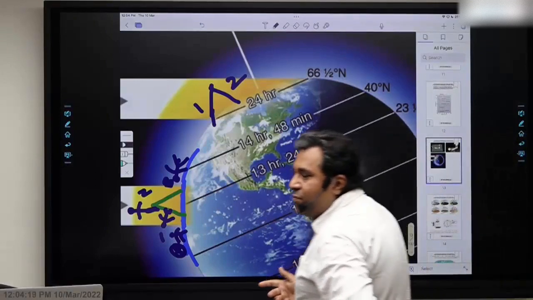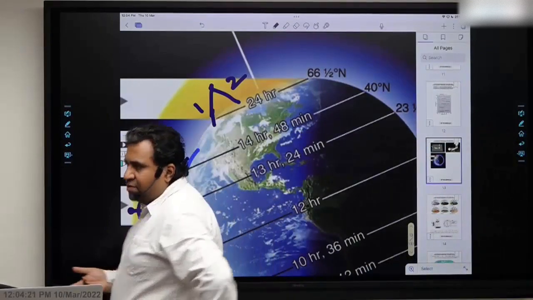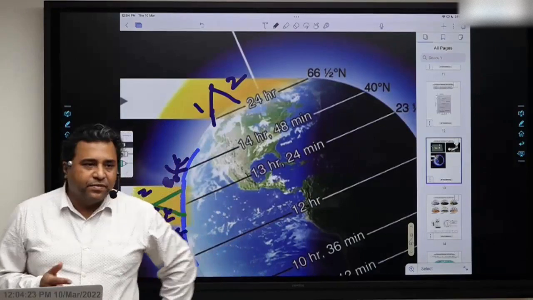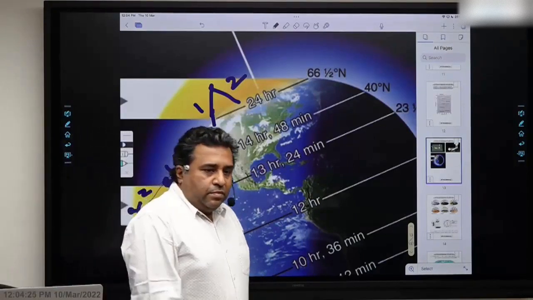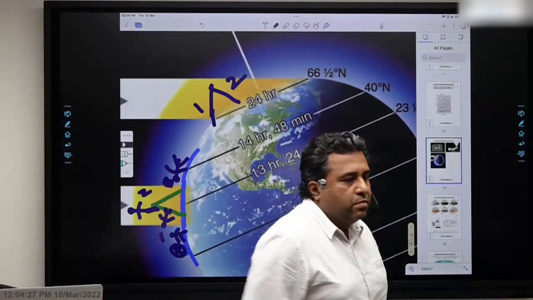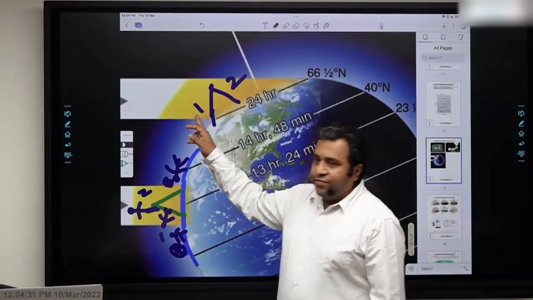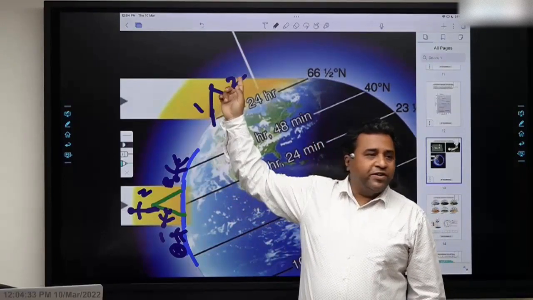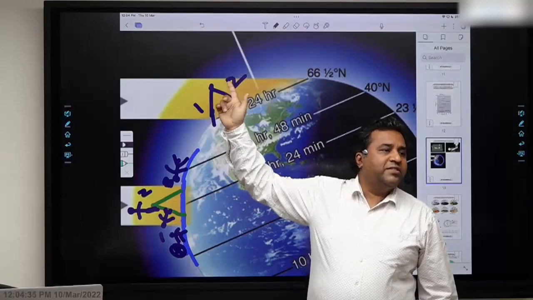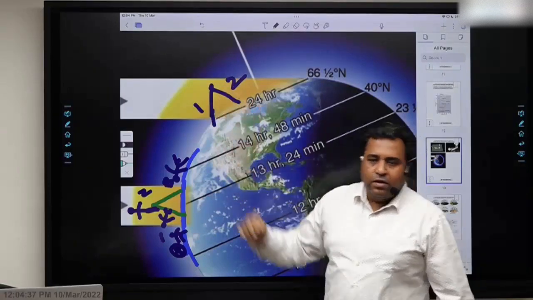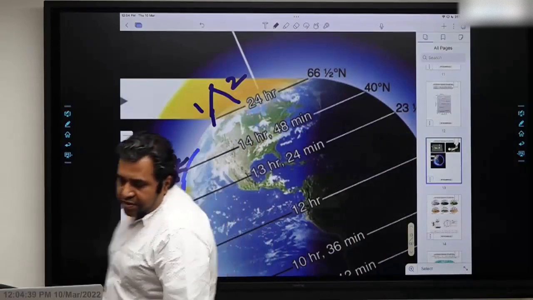Which one will receive more sunlight? The sunny side. This is aspect effect. ये वाला example है. One will receive more sunlight, 2 will receive no or less sunlight. Simple. So aspect, slope, done.